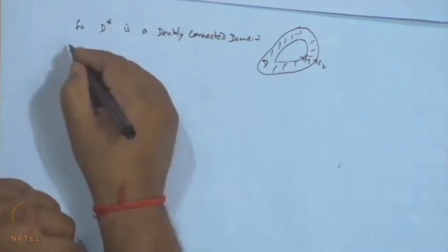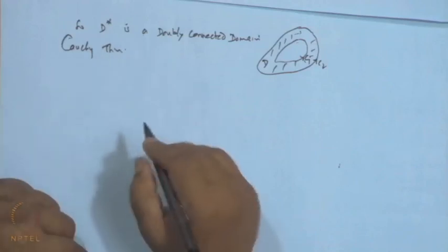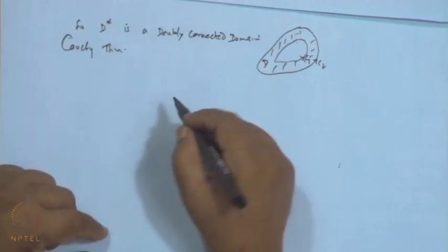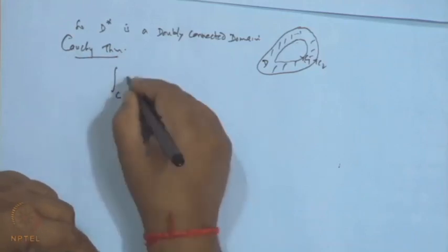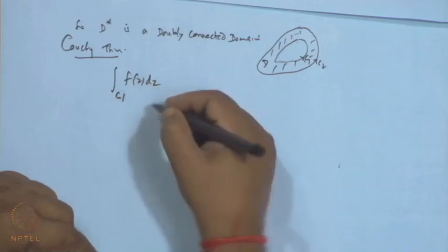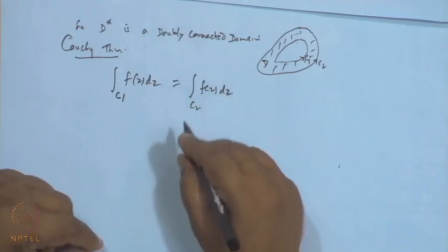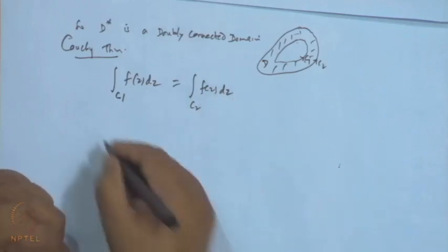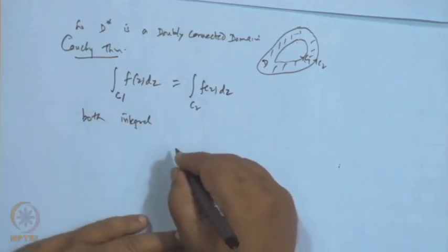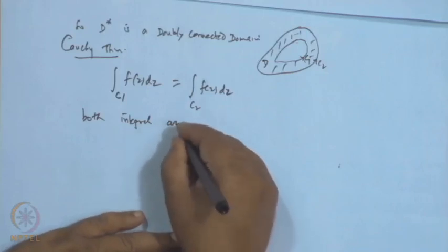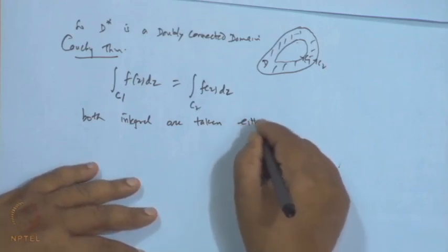Then the Cauchy theorem for the multiply connected domain says that the integral along the curve C1 of the function f(z) dz will be the same as the integral of f(z) dz along the path C2, where both integrals are taken either counterclockwise or clockwise.